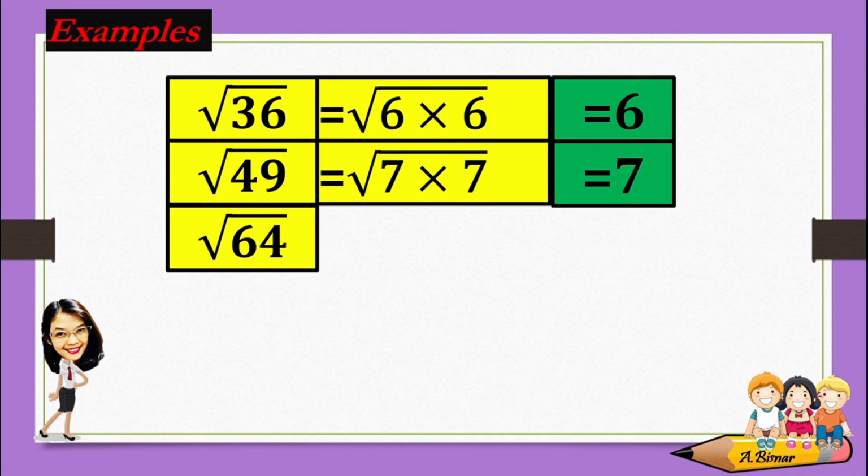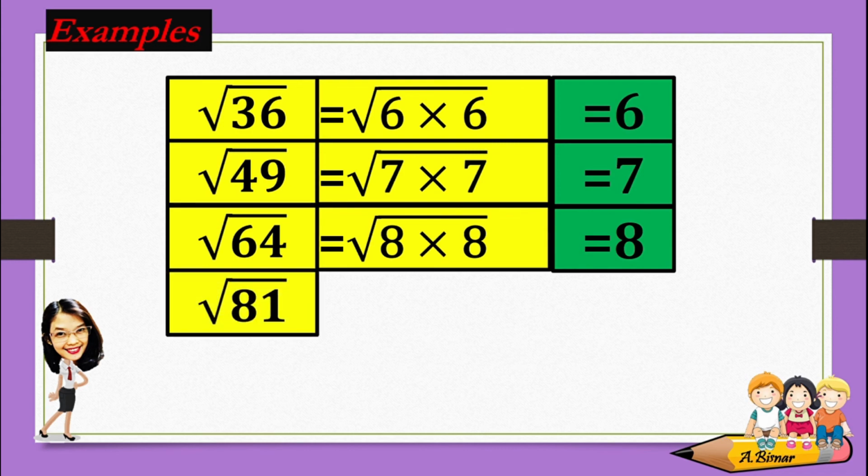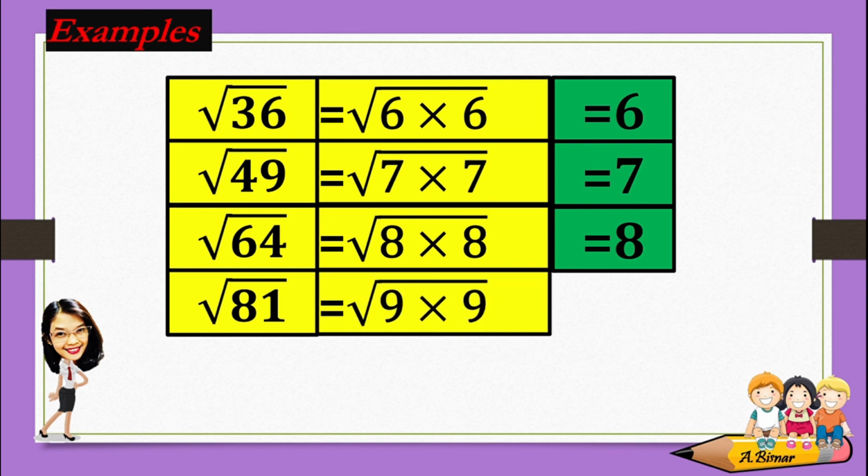Next, square root of 64, which is equivalent to the square root of 8 times 8. Therefore, the principal root will be 8. Next, the square root of 81, which is equivalent to the square root of 9 times 9. And the principal root or the square root is 9.